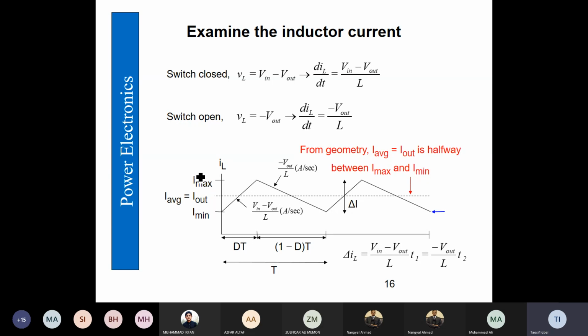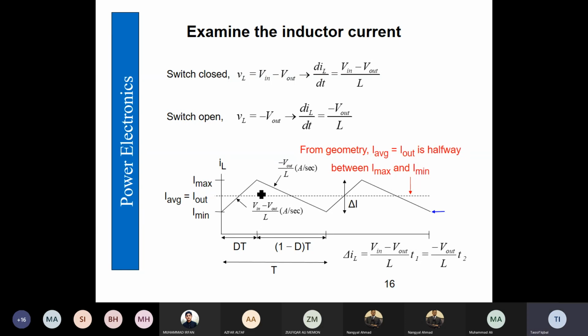So if we consider the steady state operation, then inductor current would stabilize between I minimum and I maximum. In this, you can see that the duty cycle is less than 50%. That means the ratio of output versus input is quite small, less than 50%.